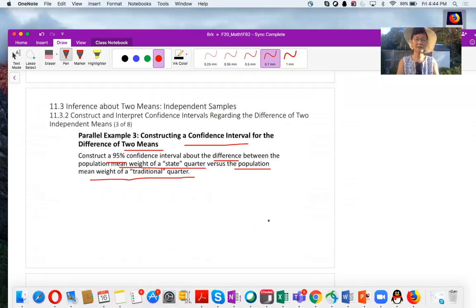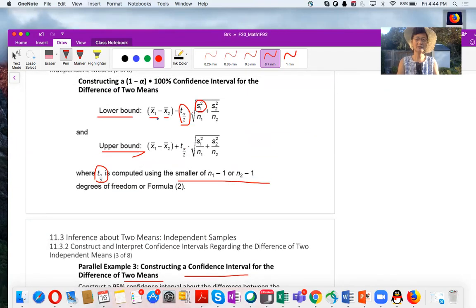So based on this formula, we need to calculate x1 bar, and we need to calculate x2 bar, the sample 2 mean. We need to calculate the sample 1 standard deviation, the sample 2 standard deviation, and we need to calculate the critical value t half alpha.